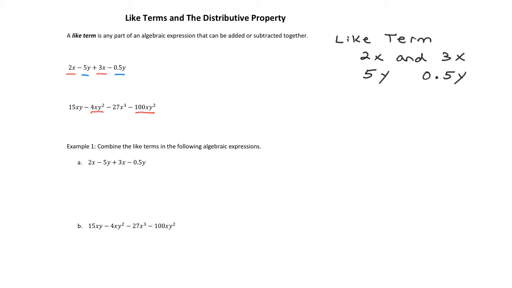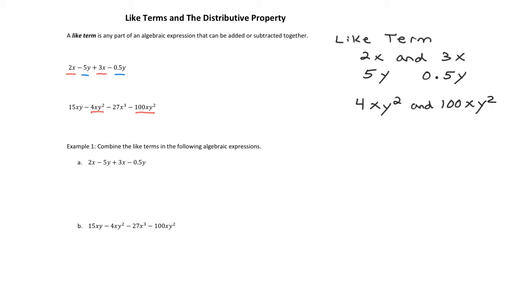So I'll list that off to the side. We have 4xy squared and 100xy squared are the like terms in my second expression. The last one to focus on is this 27x cubed, and for the same reason, this can't be compared with any of the other 3 terms because there are no other x cubes.